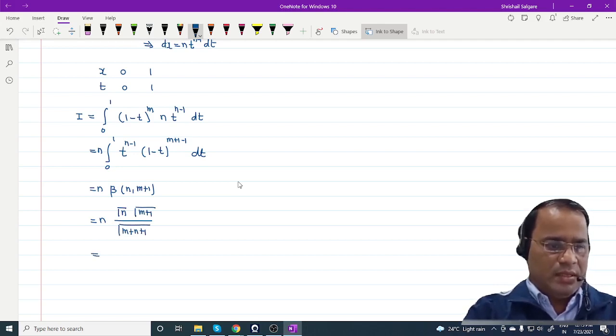Altogether, this can be written as n factorial, since gamma m plus 1 is nothing but m factorial, divided by (m plus n) factorial. So that is the evaluation.